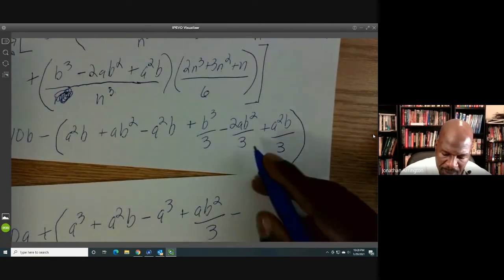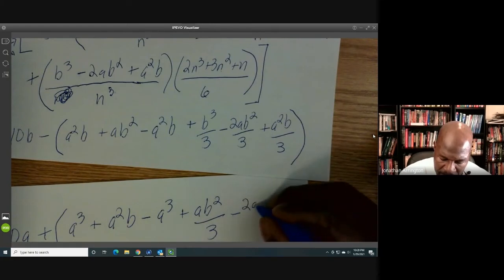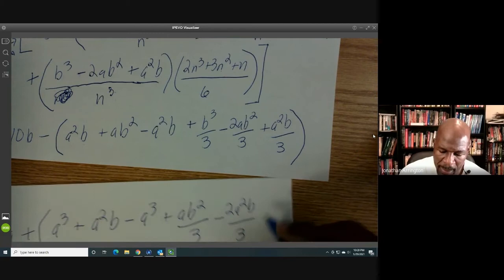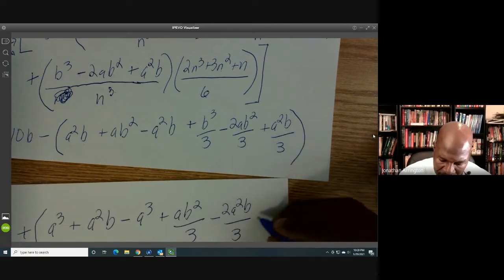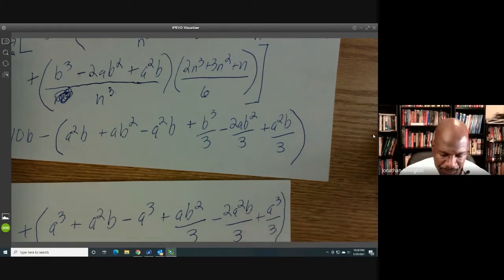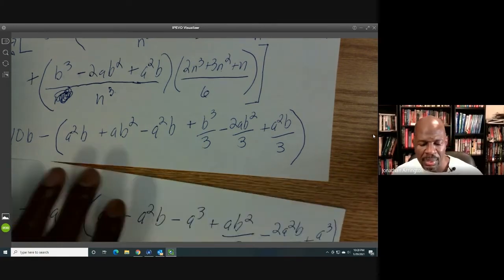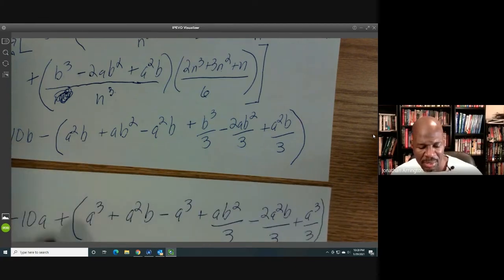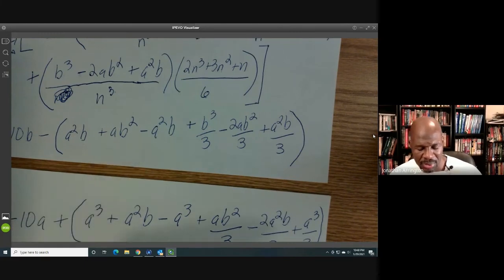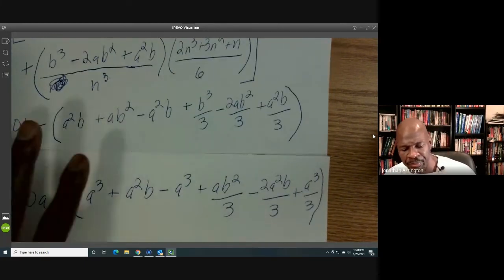This guy would turn into minus 2a squared b over 3. And this guy would turn into a cubed over 3. So I hope you can see that I simply removed a b and added an a to each term. So it's like I'm dividing by b and multiplying by a for each term. All right.